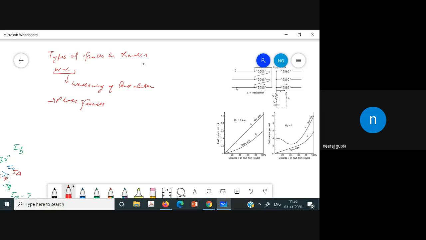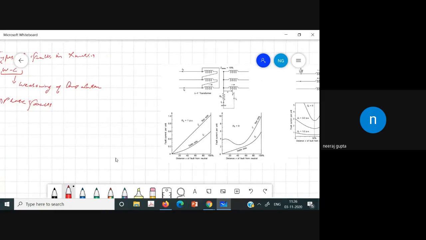Now, an observation has been made. Some researchers have made an observation related to the distance of the fault from the neutral, and we can discuss that observation through this graph.